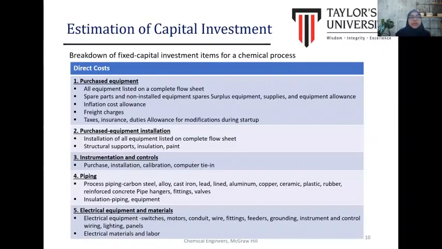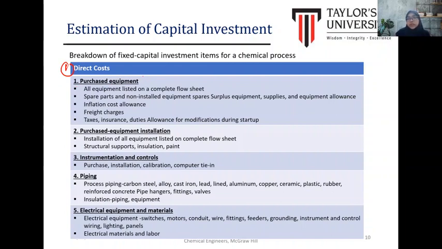Okay, this is the breakdown of the capital investment based on direct and indirect cost. First we move to the direct cost. For the direct cost, a few items are categorized under it. First is the purchase equipment.